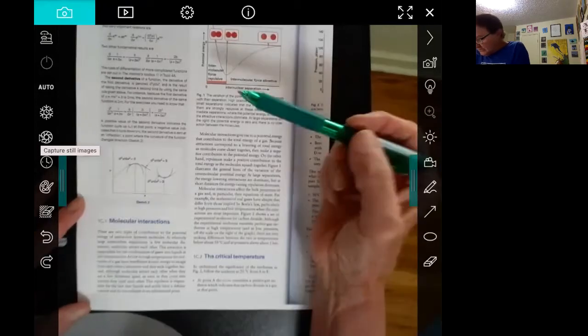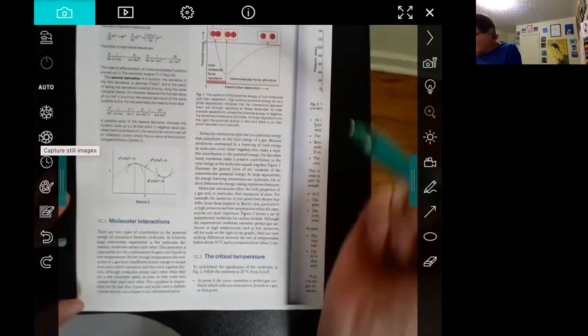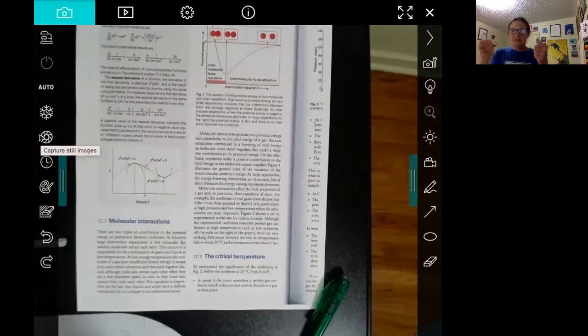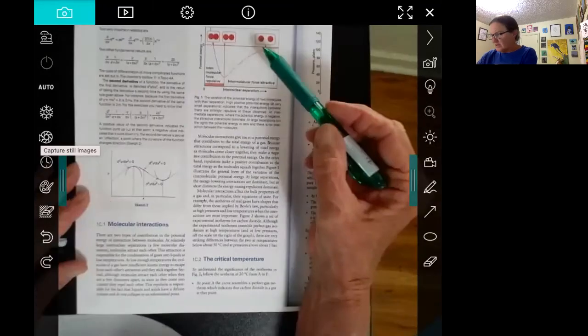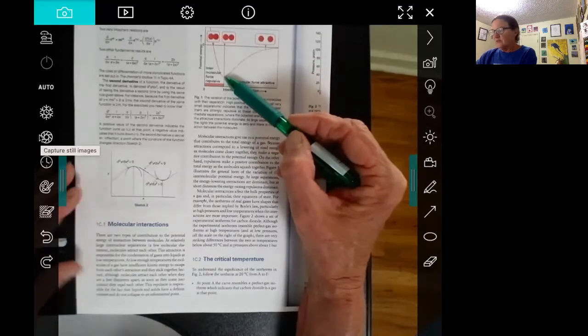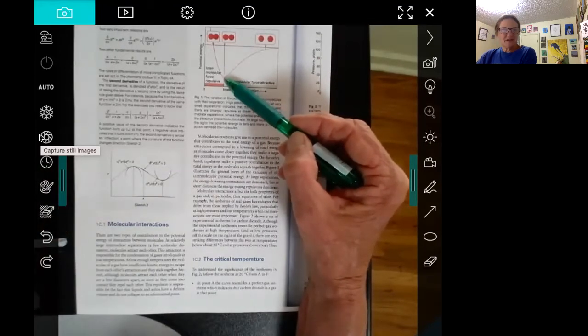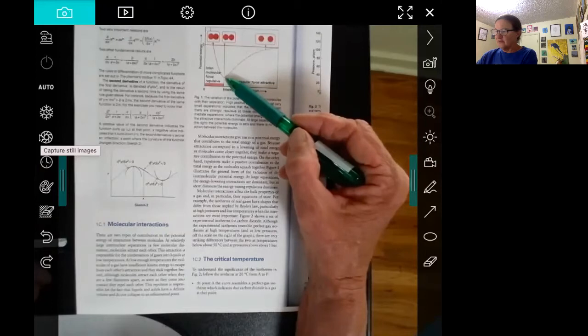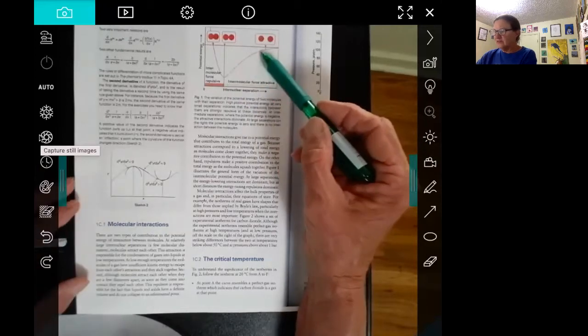So the molecular interactions that we're talking about: if molecules are fairly far apart and they get closer together, there's often an attraction. So this shows that as they get closer together, there's an attractive force that would be probably creating some sort of intermolecular force, like a hydrogen bond, something like that.